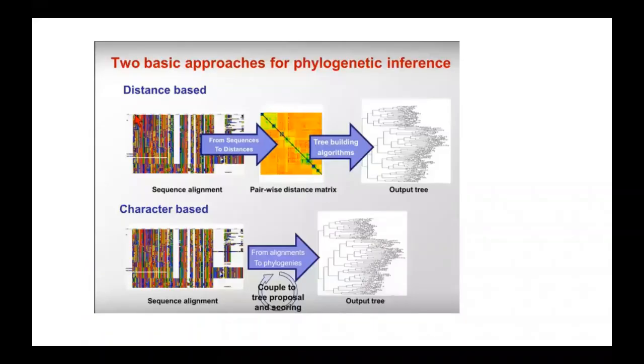Okay. So before we create the distance-based tree, we need to choose a model. The two most favorite models are like the Jukes and Cantor model. The Jukes and Cantor model assumes that changes at every site of the sequences happen as if all nucleotides are substituted with equal probability.